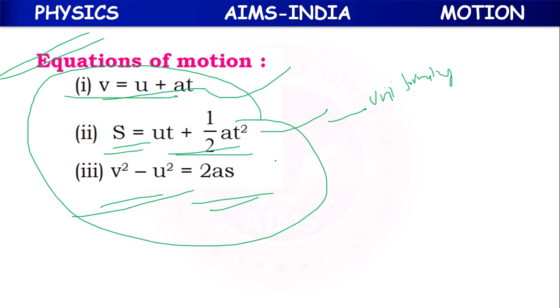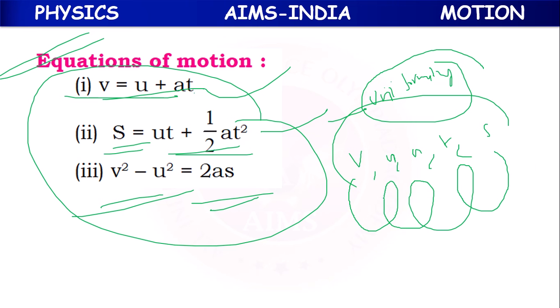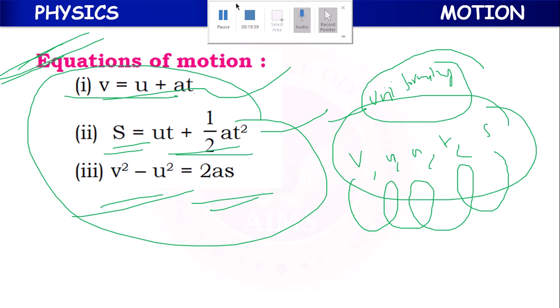They give the relation between the quantities v, u, a, t, s. When a body is moving with uniform acceleration, the relation between final velocity, initial velocity, acceleration, time and displacement is given by 3 equations. They are known as equations of motion.